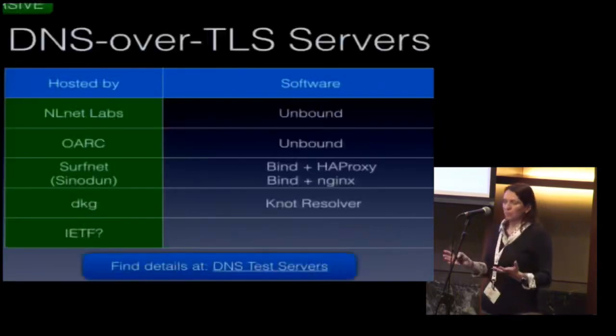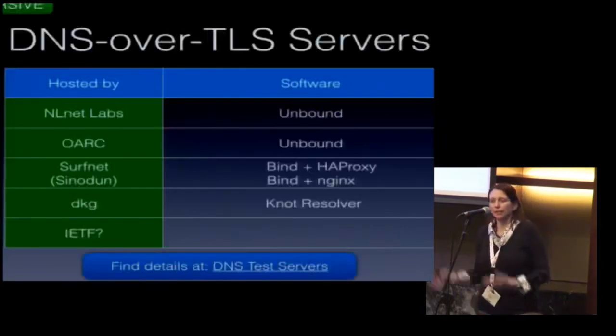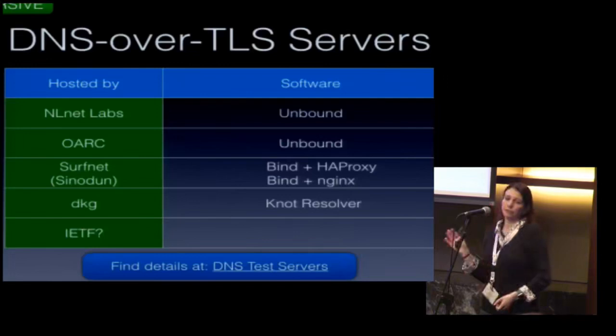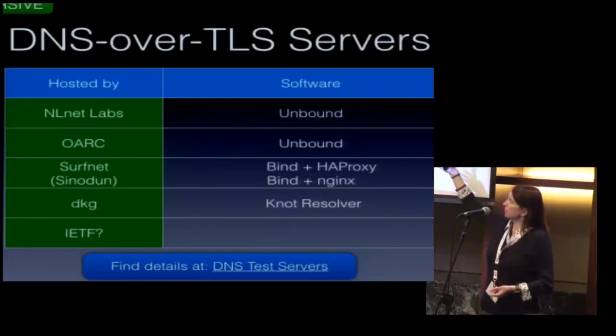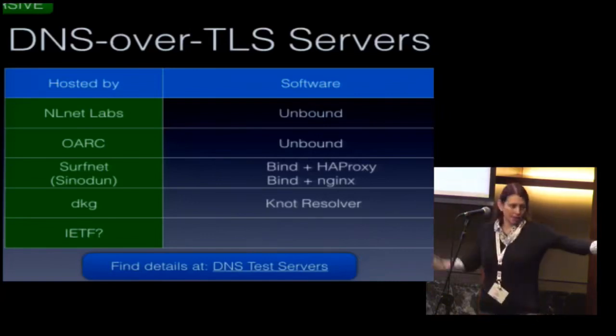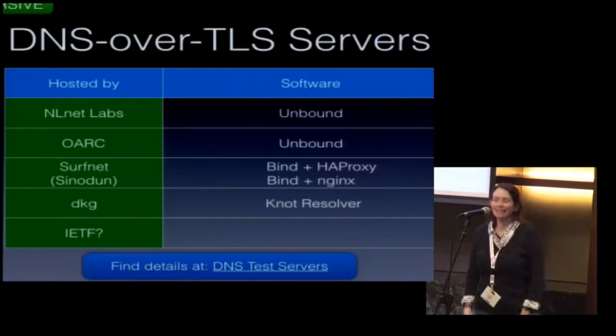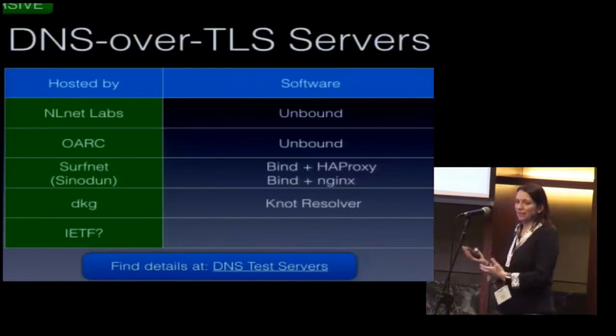So to talk about what's deployed and what's actually out there, there are a handful of test servers available today that are up and running to start on getting operational experience at how you do DNS over TLS. So NLNet Labs are running one, OARC are running one. There's a few hosted by SurfNet. DKG, the man, has put one up there. And so these are there to start doing activities.